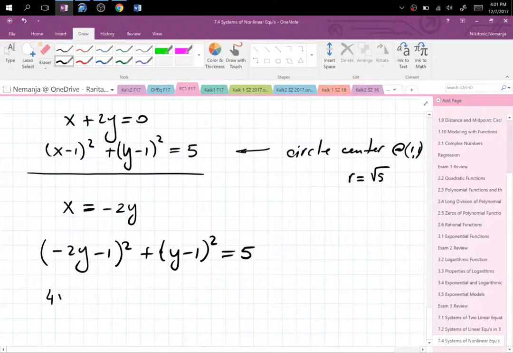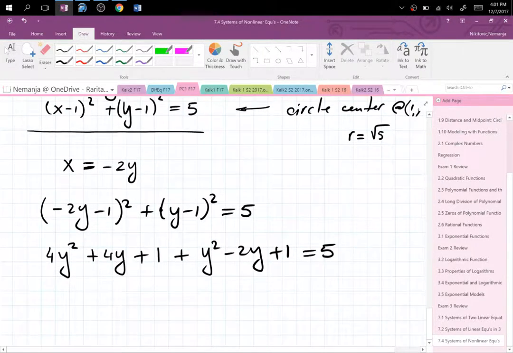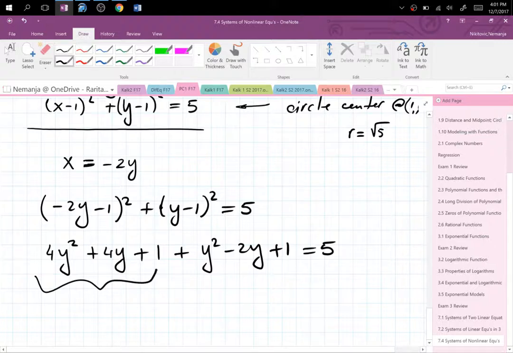So that's 4y squared plus 4y plus 1, plus y squared minus 2y plus 1 equals 5. So the first three terms are the square of the first one, the second three terms are the square of the second one.